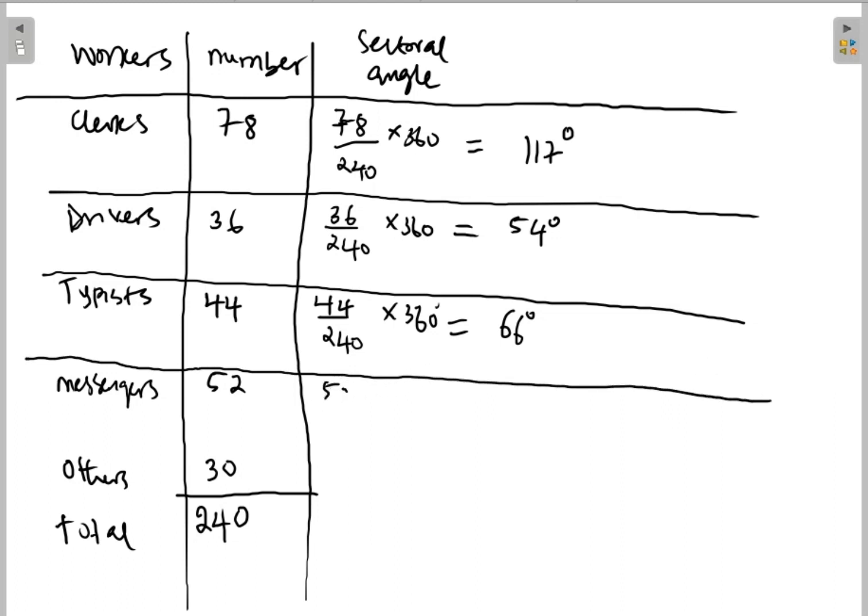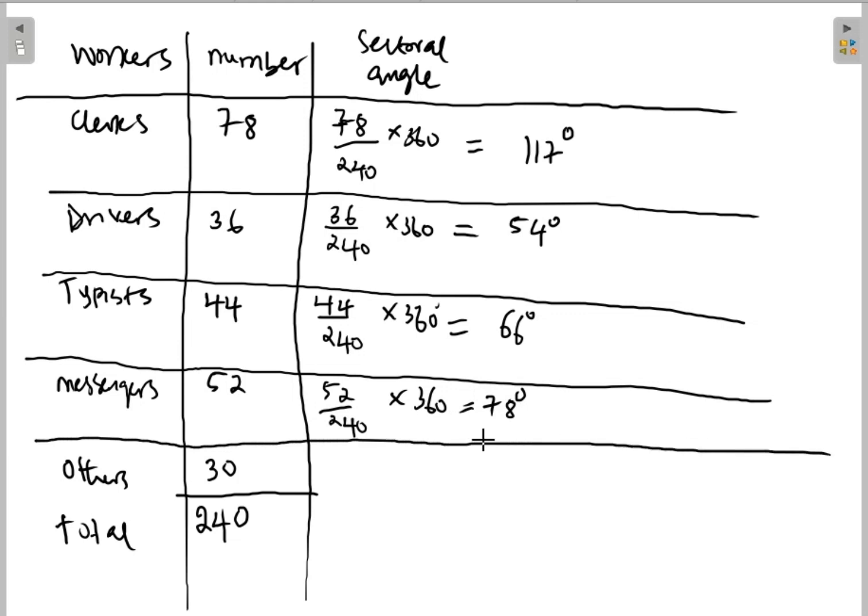Messengers, 52 divided by 240 times 360, that gives us 78 degrees. Then for others, 30 divided by 240 times 360, you have 45 degrees.